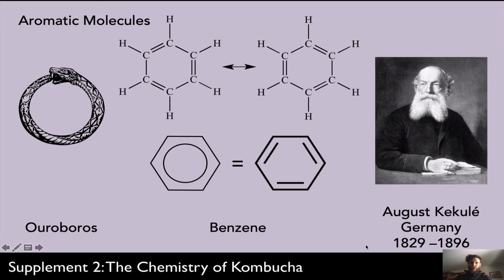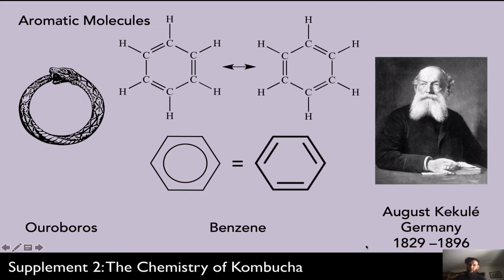And so often when you see a benzene ring drawn, you see it as this hexagon with a circle in it to imply that the electrons in the bonds holding the carbons together are circling around one another and being shared in this benzene ring.